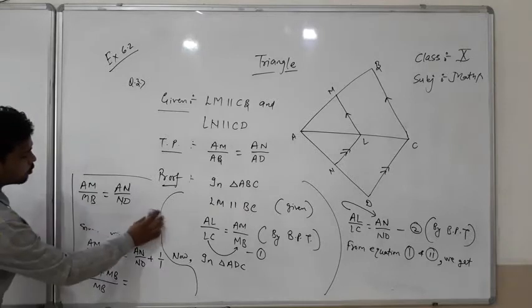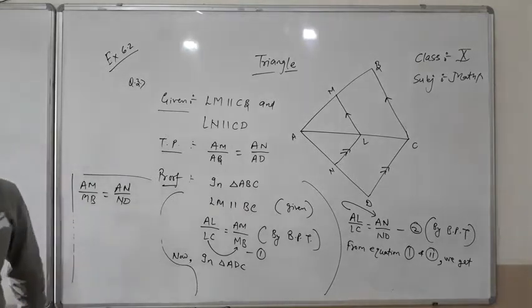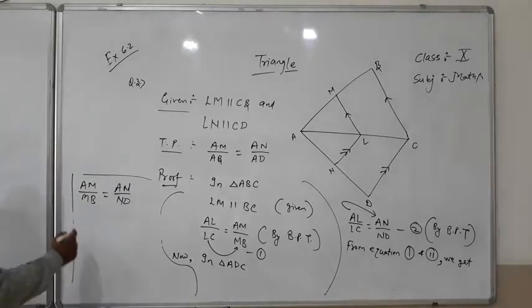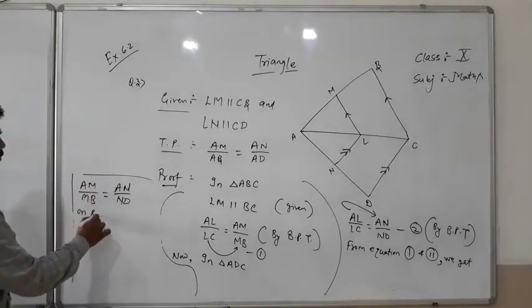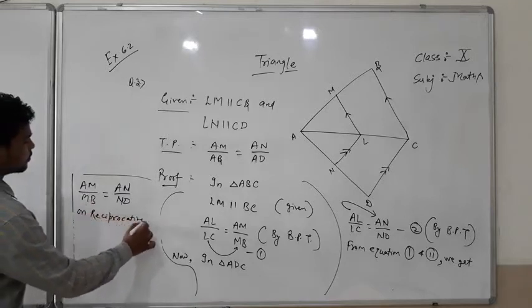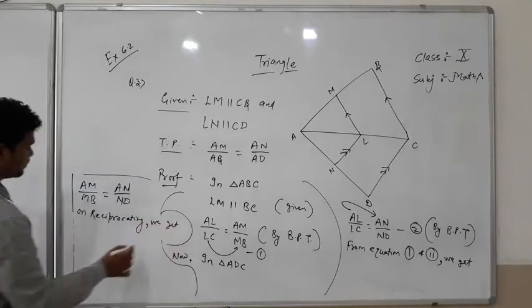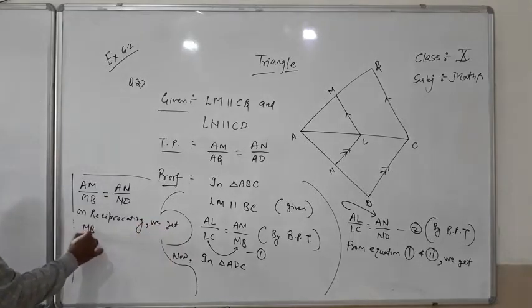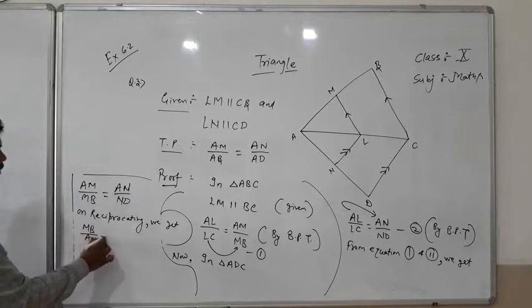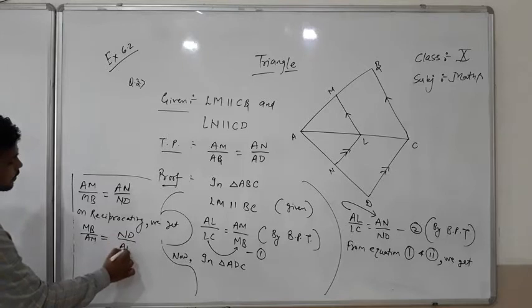Before adding 1 on both the sides, we will take reciprocal. So let me reciprocate this relation. On reciprocating, we get MB upon AM is equal to ND upon AM.